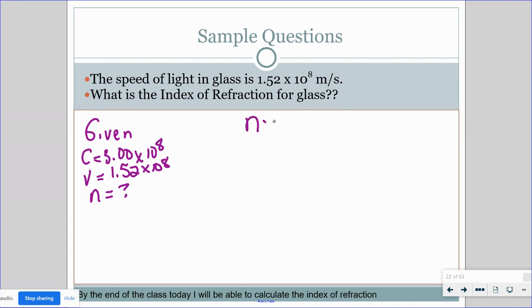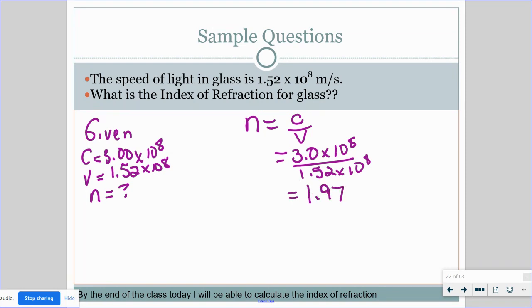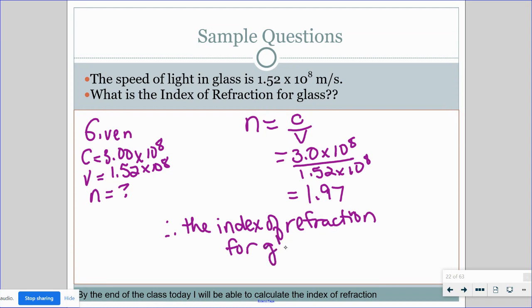So then we write our formula, n equals c over v, which is equal to 3.0 times 10 to the 8 over 1.52 times 10 to the 8. And we get an answer of 1.97. So therefore, the index of refraction for glass is 1.97.